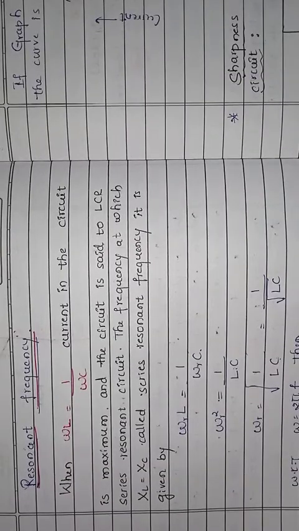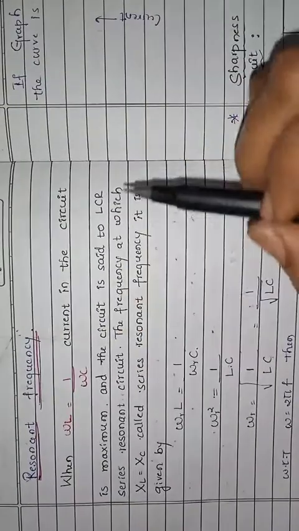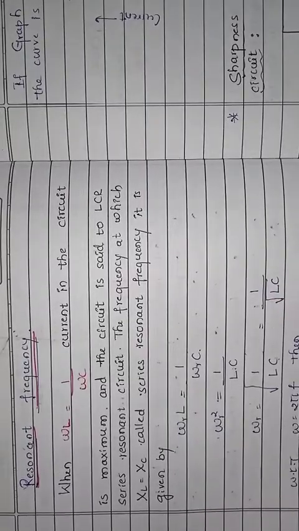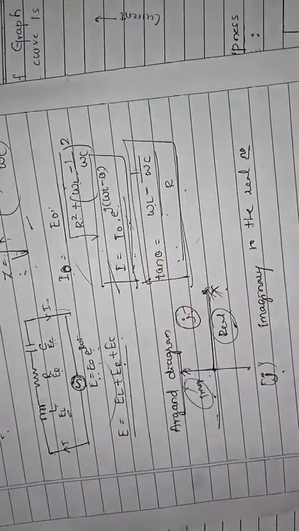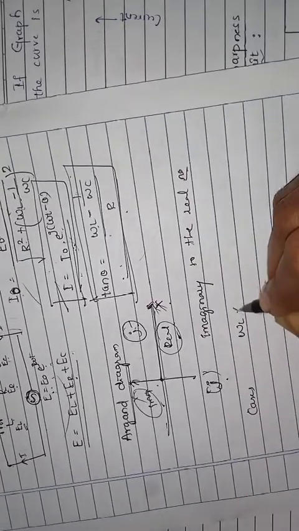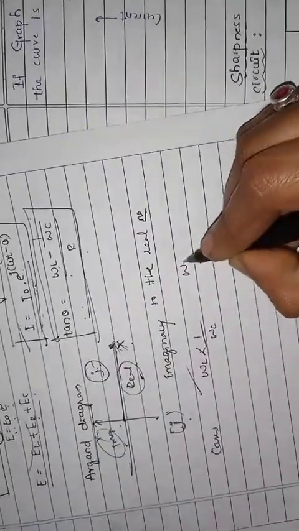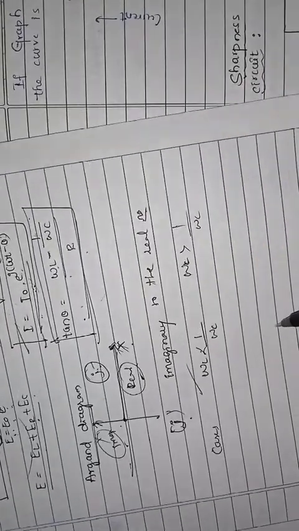Today in this class we are going to discuss resonant frequency. What is this resonant frequency? In the previous session, after finding all three equations, we solved some cases. When omega L is less than 1 by omega C, this was one case, and omega L is greater than 1 by omega C is another case.